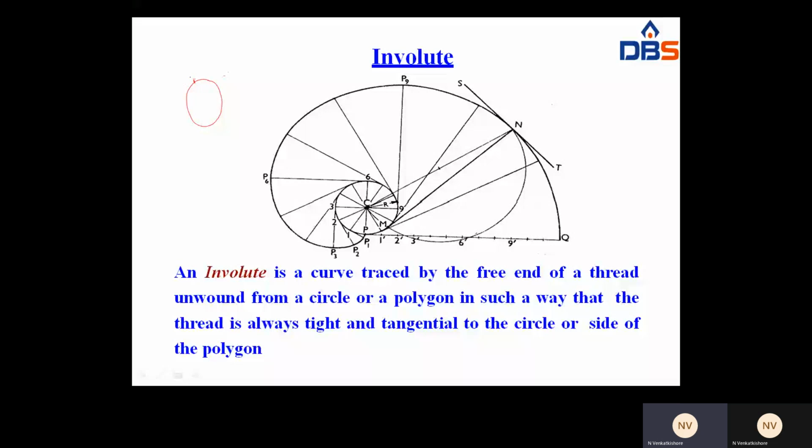A thread is tightened around this circle; we are putting a thread around the circle. When we unwound, that means the thread which is wounding the circle is unwounded. So unwounded means what?